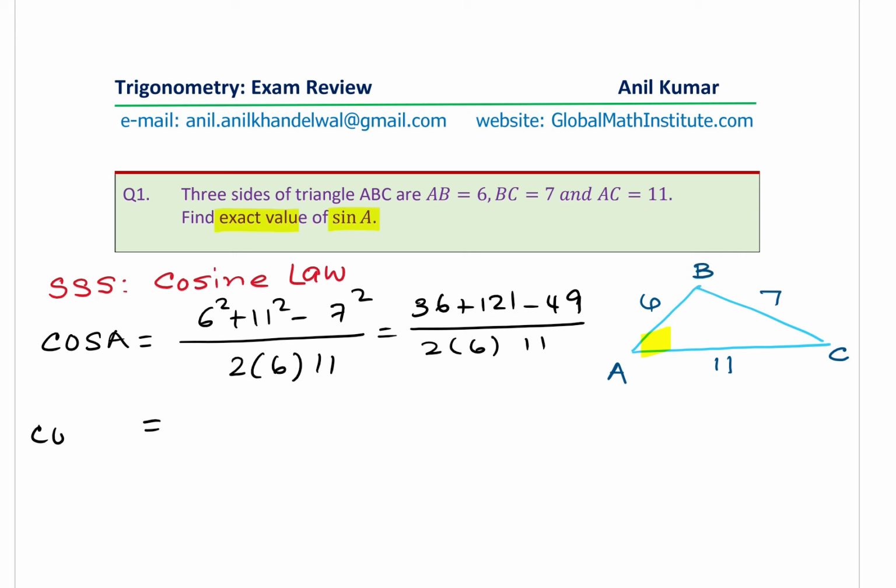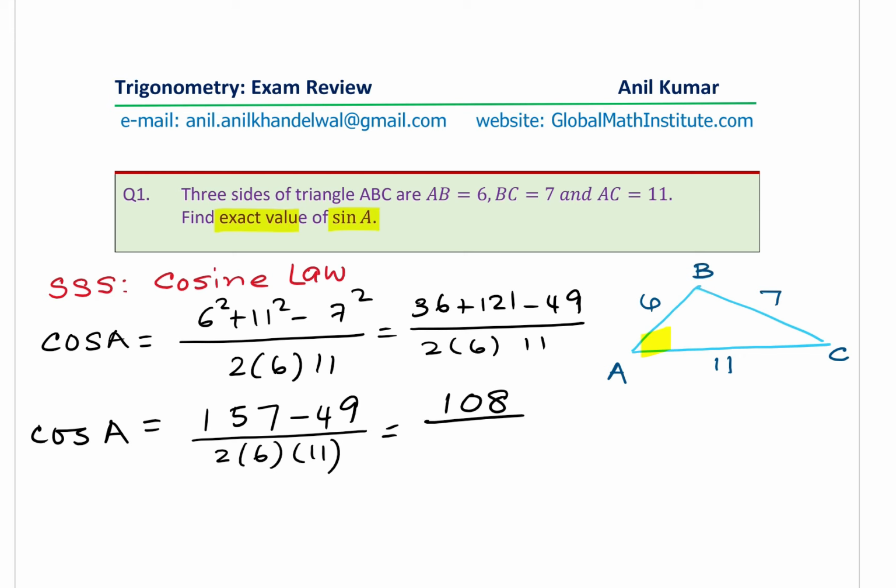So we have cos A as equal to what? Let's add these two first: 121 plus 36 is 157. 157 minus 49. It's better to go in smaller steps. 7 take away 9, we borrow 1, we get 8, and 0 here.